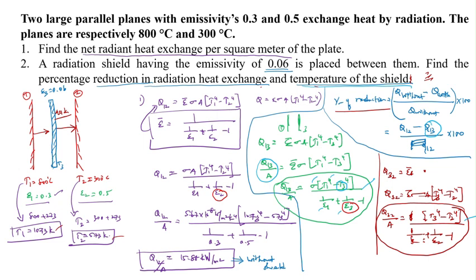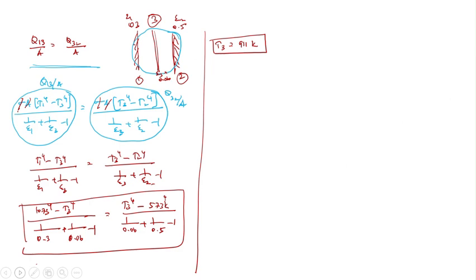For the percentage, we need Q123. Then substitute the temperature value in Q123. So Q123 divided by A is equal to sigma (T1 to the power of 4 minus T3 to the power of 4) divided by 1 by epsilon 1 plus 1 divided by epsilon 3 minus 1. Here sigma you already know, 5.67 times 10 to the power of minus 8.